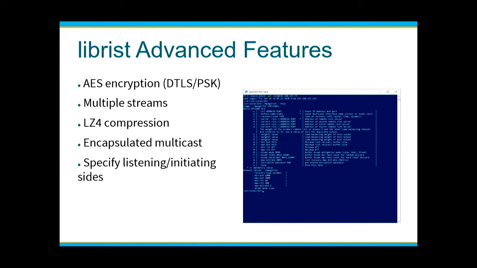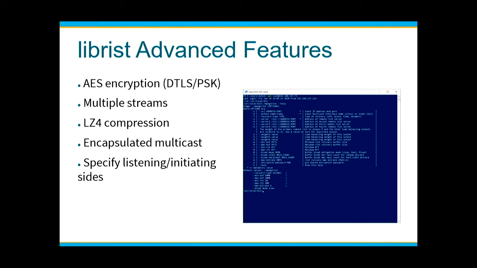So what are the more advanced features of the library? AES encryption, either DTLS or PSK. Right now, the current Librist only supports PSK. If somebody wants to help out with DTLS, they're welcome. Multiple streams. We have an optional compression that is not part of the standard, but we found that it's effective in some streams.